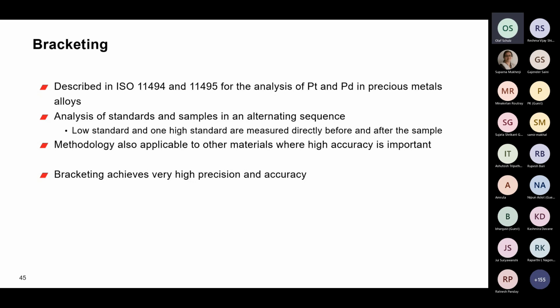Obviously, this methodology may also be applied to other materials where high accuracy is important. The combination of low standard, sample, high standard, or high standard, sample, low standard is called a bracketing cycle. The bracketing method achieves very high precision and accuracy, and thus is used to determine the stoichiometric composition of materials and for the analysis of jewelry or any other compound which requires the highest accuracy.